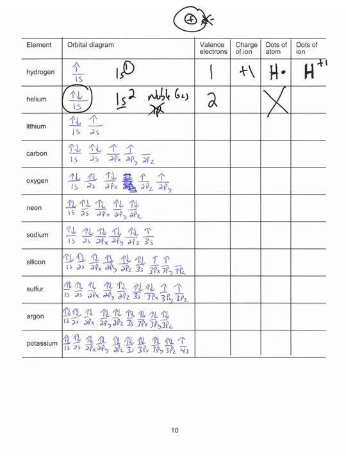There is no p orbital on the first floor. So by filling the s orbital in the first floor, we are completely full, and therefore it is a noble gas. And because it's a noble gas, it does not gain or lose electrons because it is in its most stable configuration. Helium does not form ions because it is already full to begin with. And that makes helium extremely unreactive.